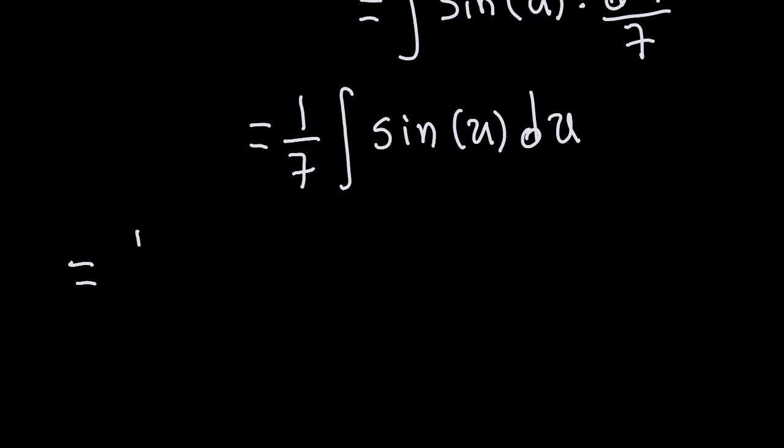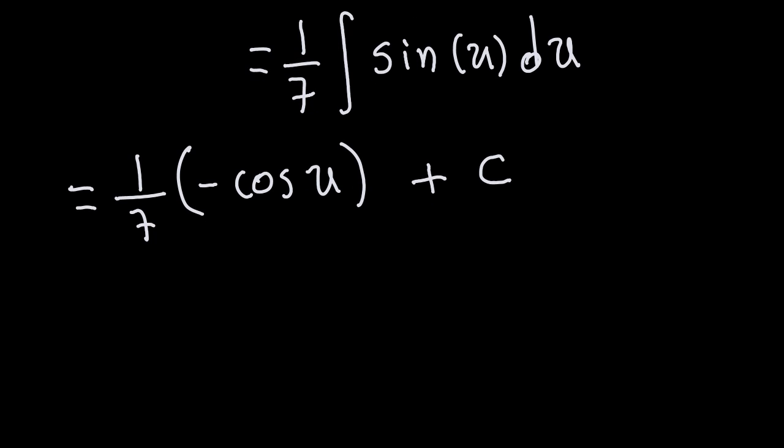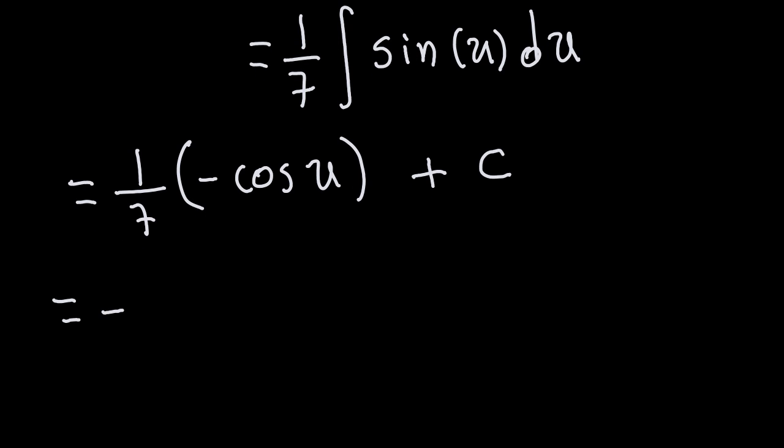This is 1/7. And the integral of sine is negative cosine. So this is going to give me negative cosine of u. And I'm not going to use the parentheses anymore. And remember to always add the constant of integration. So this is going to give me negative 1/7 of the cosine of u plus c.